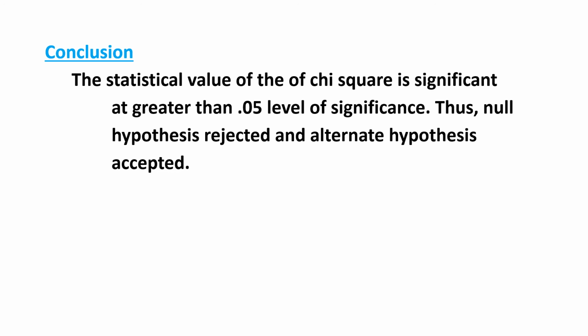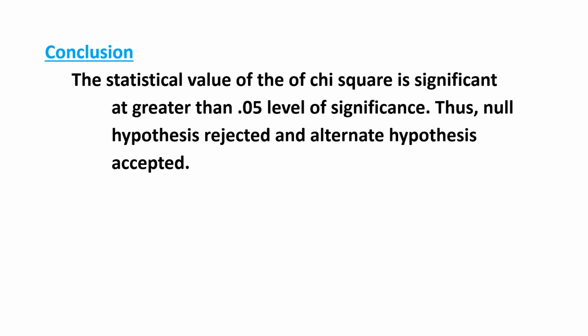Keep in mind that to interpret the chi-square we have a set of tables, similar to those we have for correlation, t-test, ANOVA and regression, where we check whether our calculated value meets the level of significance.